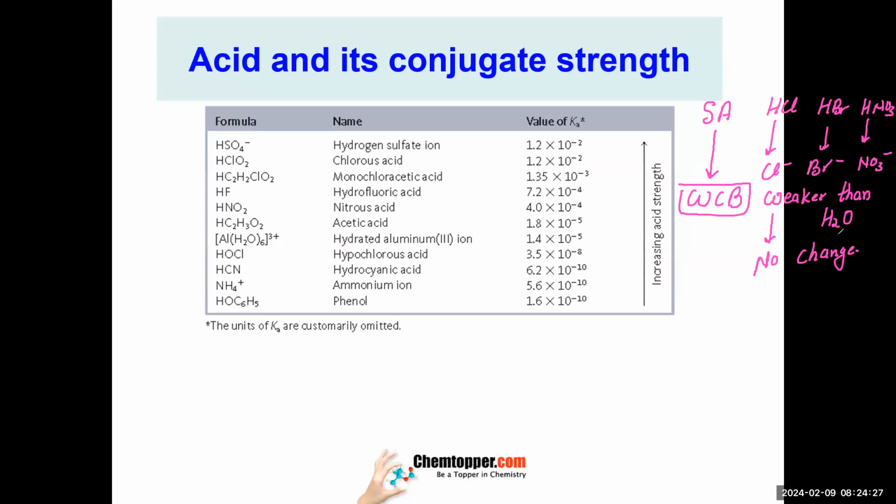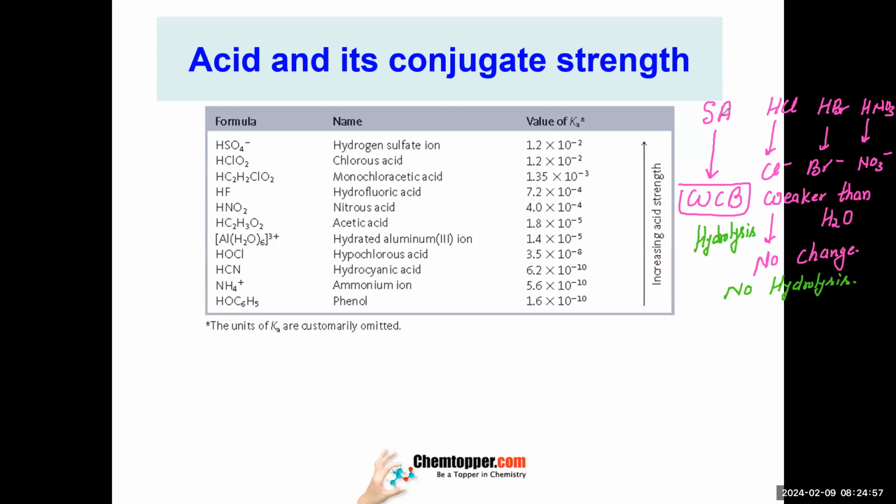Reactions with water we call hydrolysis. They are not getting hydrolyzed by water. No hydrolysis. Hydro means water. Nothing will happen with water.